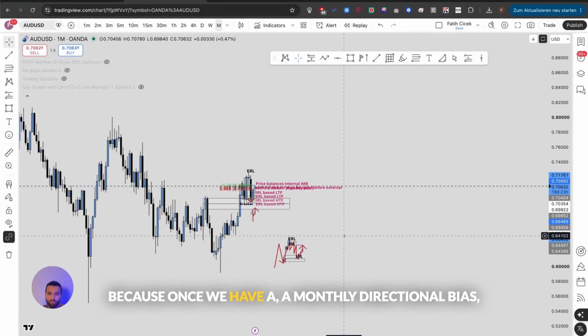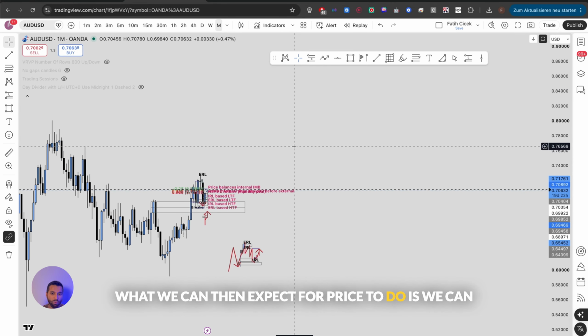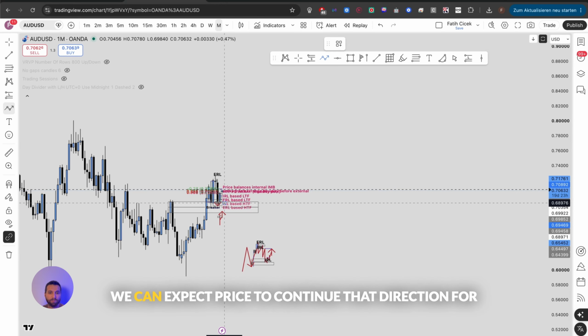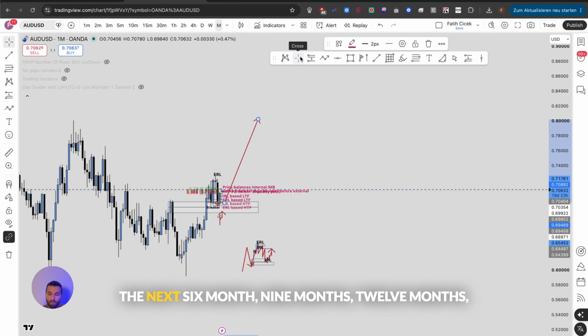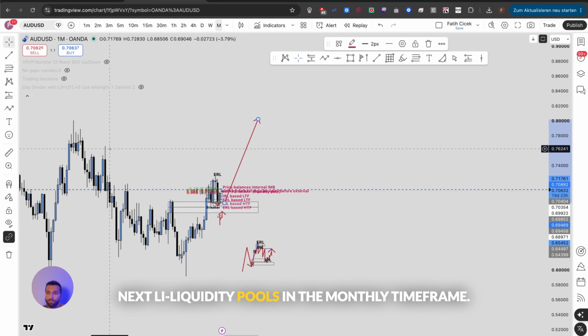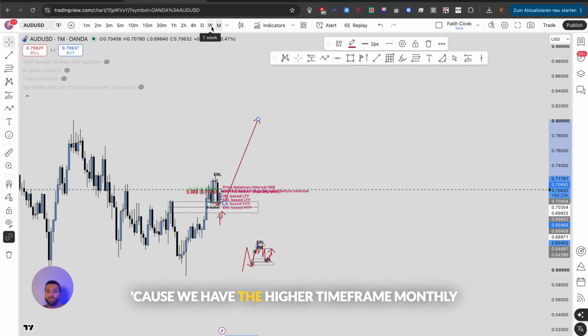Because once we have a monthly directional bias, we can expect price to continue that direction for the next 6 months, 9 months, 12 months until we've actually taken and ran through the next liquidity pools in the monthly time frame. That's very reasonable. Because why? Because we have the higher time frame monthly objective and target and context in mind, and we're in sync with that higher time frame objective.